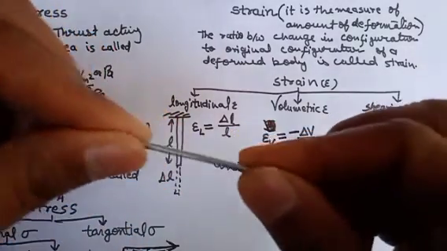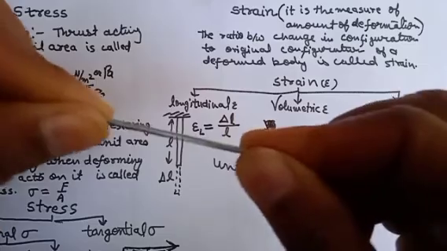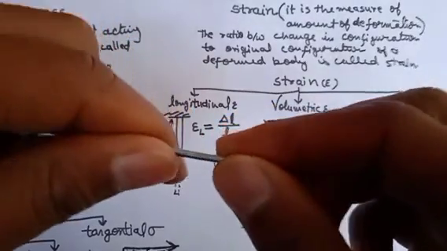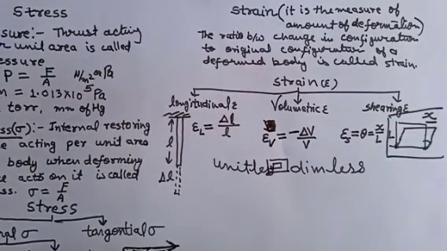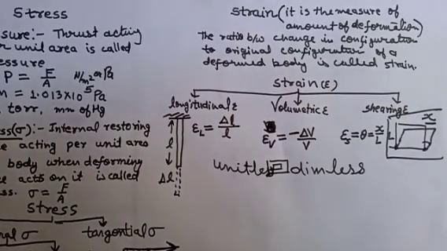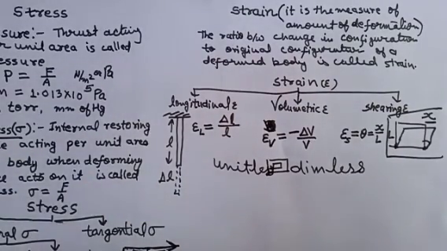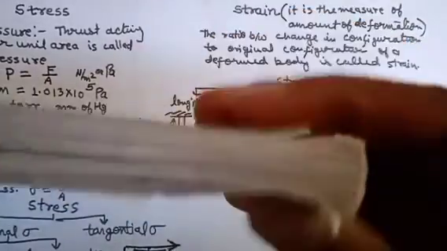Longitudinal, like this. Well, this is a spring, but consider it as a metal wire, and I'm stretching it. Then volumetric, like if we squeeze something. And shearing, if we change the shape of an object in such a way that one face remains fixed and the other face shifts, like this.